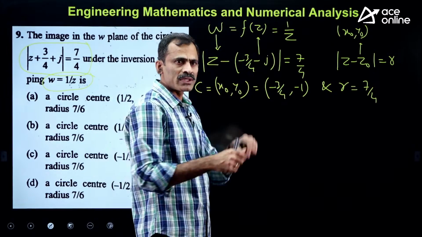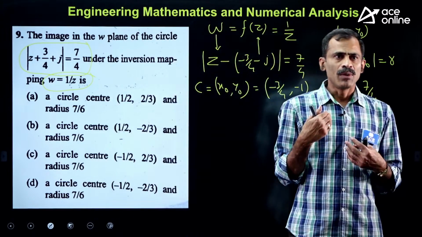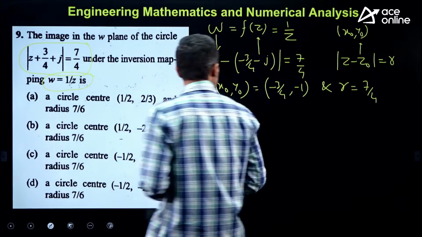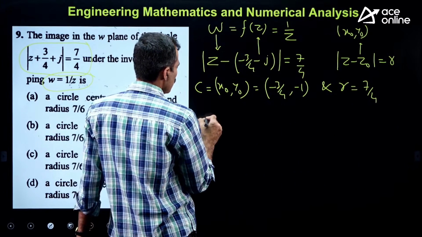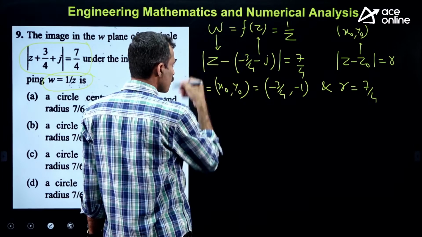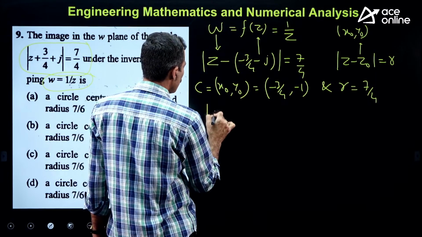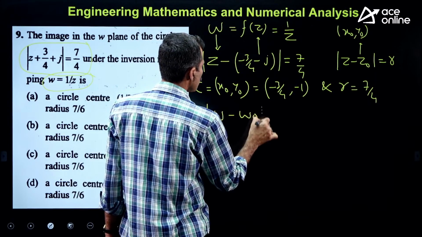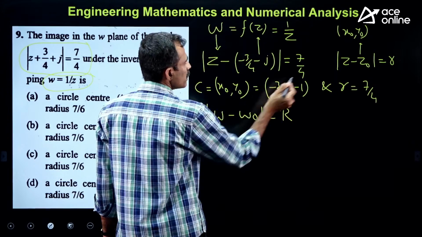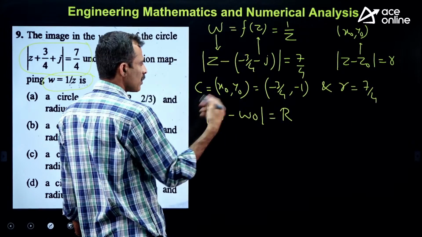Again this will be mapped to a circle in the w plane, and the equation of the circle in the w plane is given by modulus of w minus w naught equal to radius r, just like the equation of the circle in the z plane.